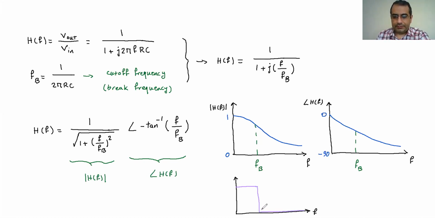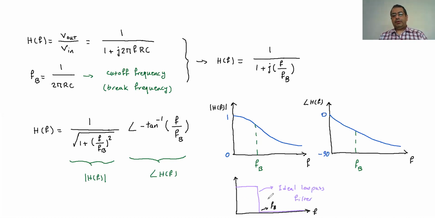So this is the FB, and this one is the ideal low pass filter.